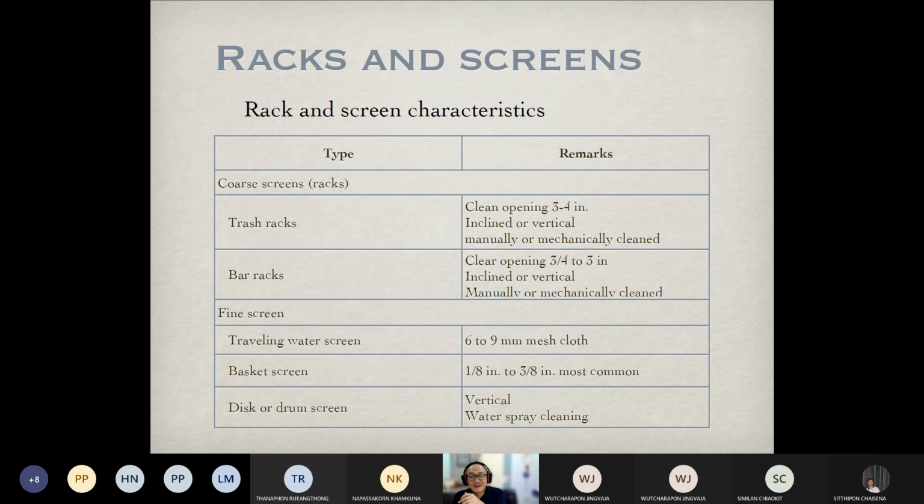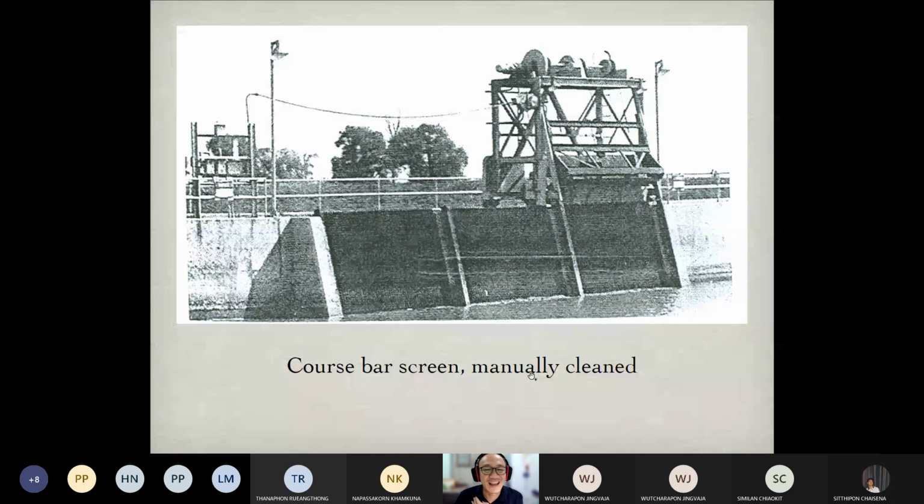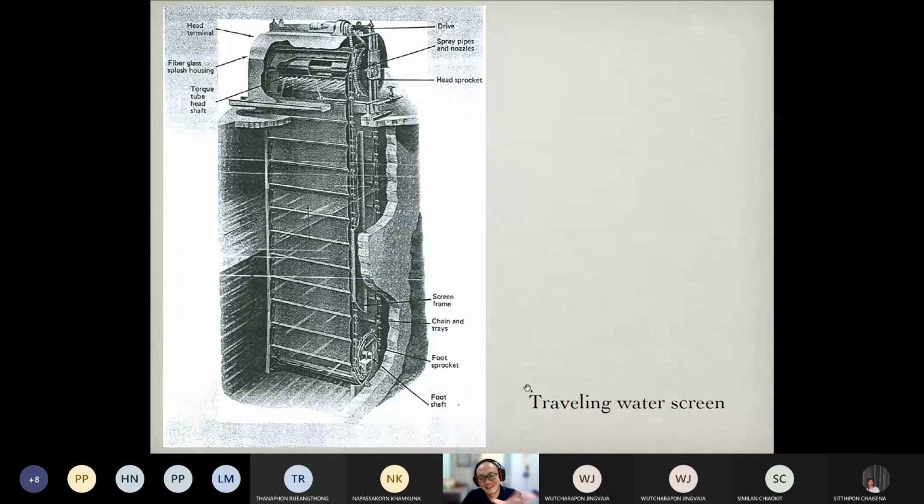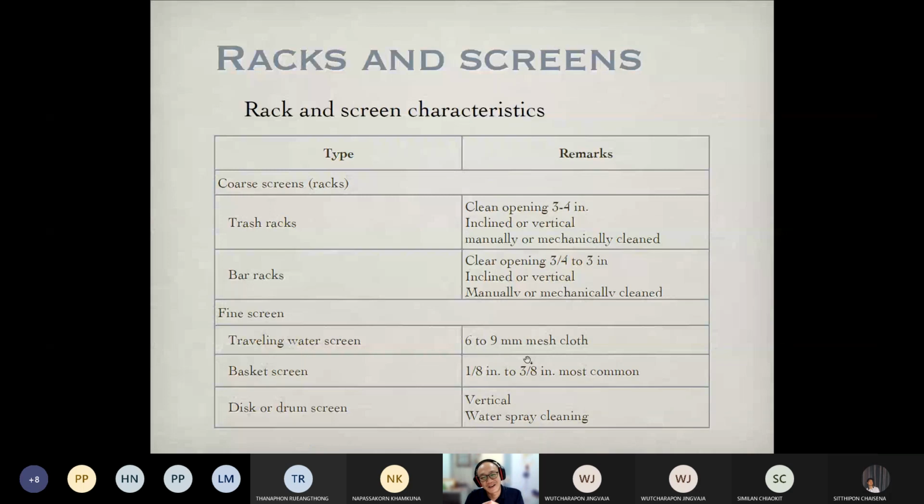For the small screen, fine screen, the head loss is higher. So we will talk about this again later in the next chapter. But in this chapter, I want to focus more on other components governed in the intake facilities.